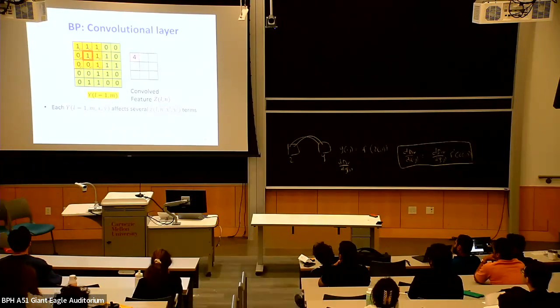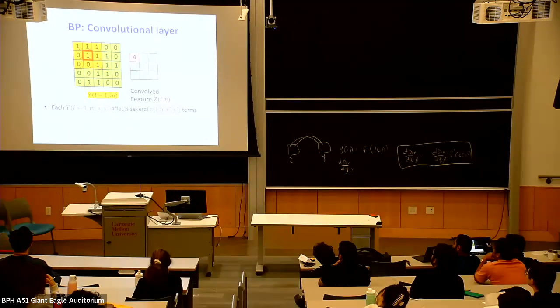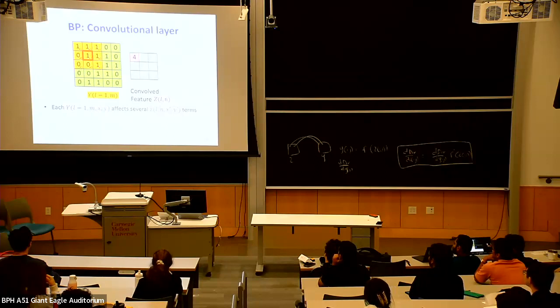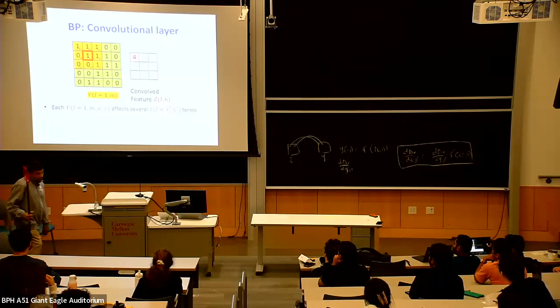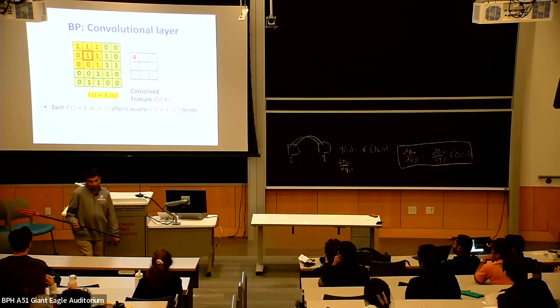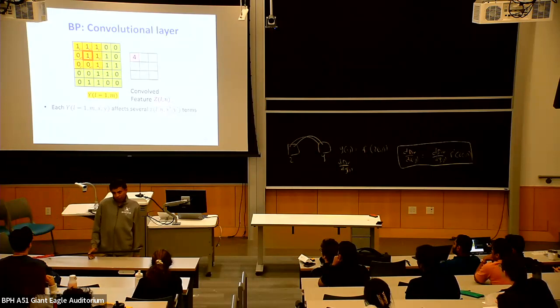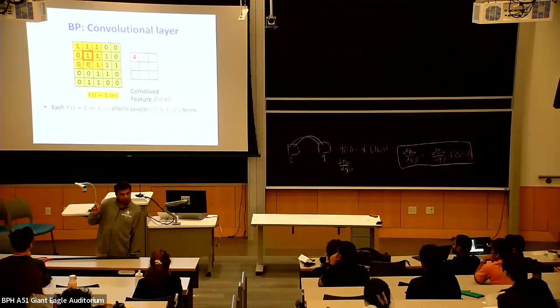So now consider this one element highlighted in red. That is the 1,1 input value. When I place the filter, this is the same picture that we saw in the last class. If I place the filter on top of this map, which output value am I computing right now? The 0,0.